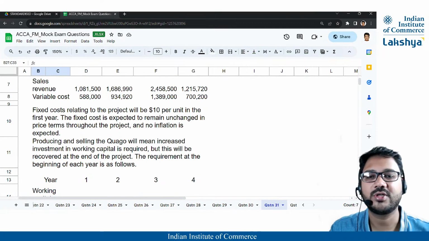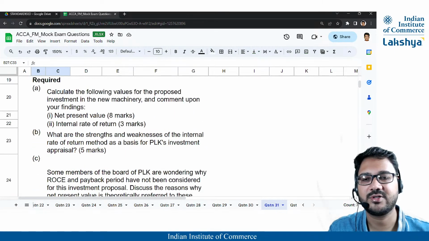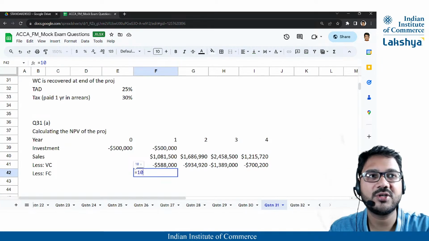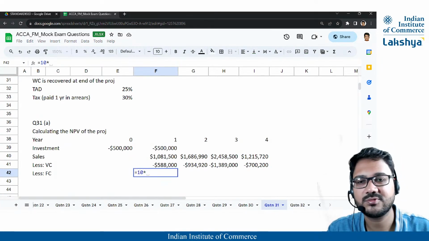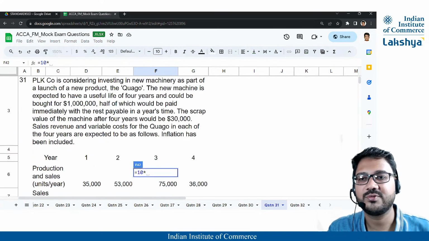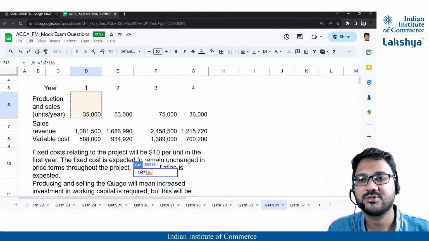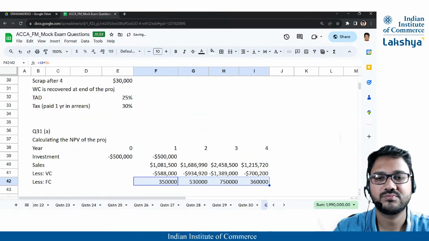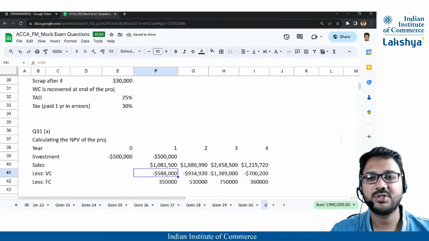Oh, okay, and no inflation is expected. All right. So it is $10 a unit into the number of units. Okay. So these are our fixed costs.